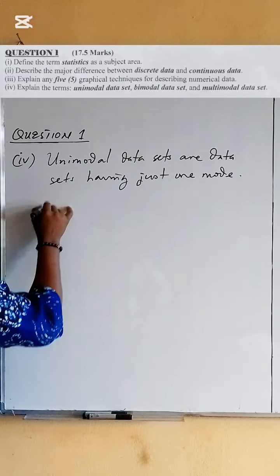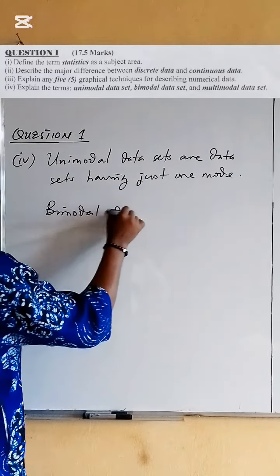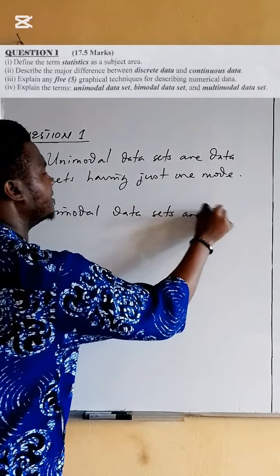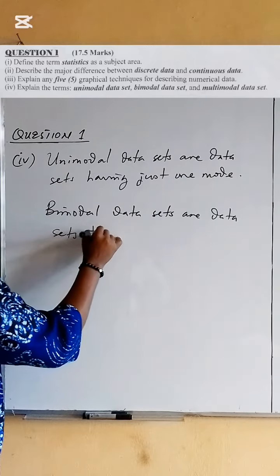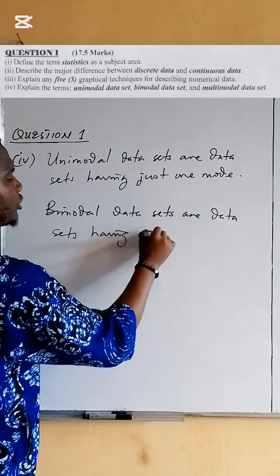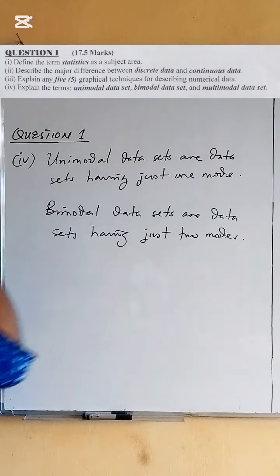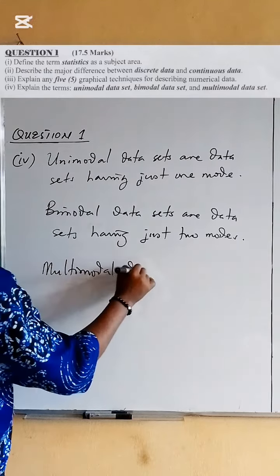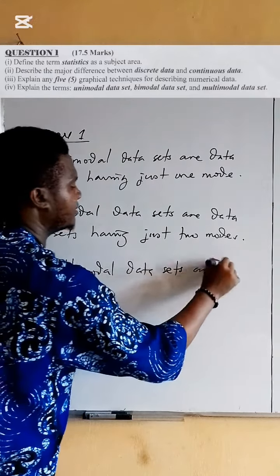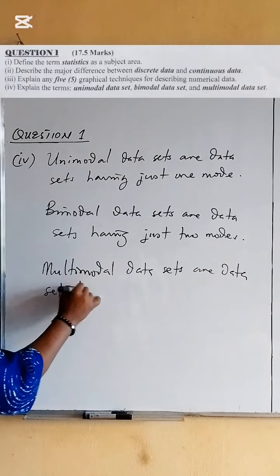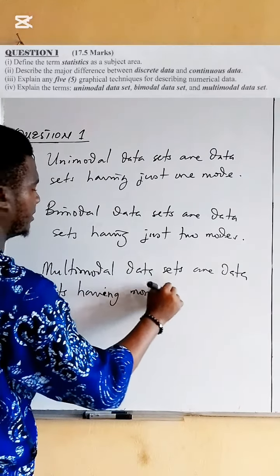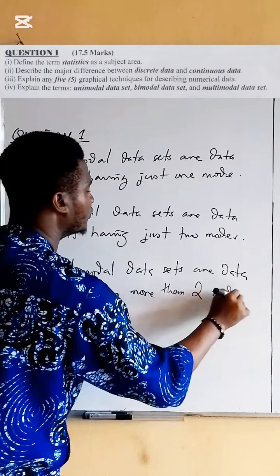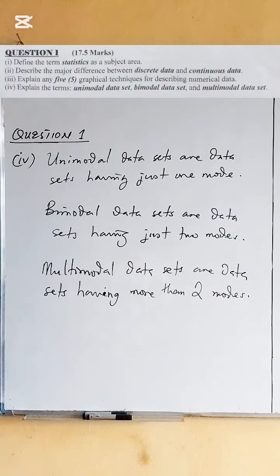However, bimodal data sets are data sets having just two modes. Now comes multimodal. Multimodal data sets are data sets having more than two modes. So a trimodal data set could be called a multimodal data set, and a data set that has four modes or more can be called a multimodal data set.